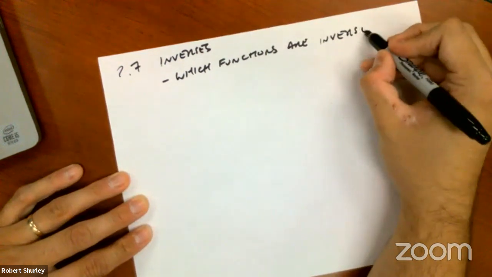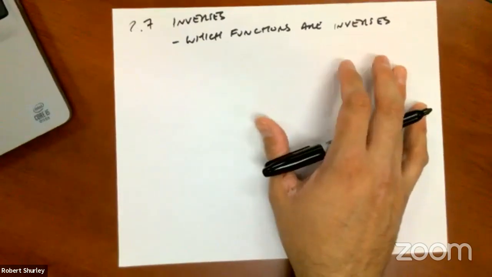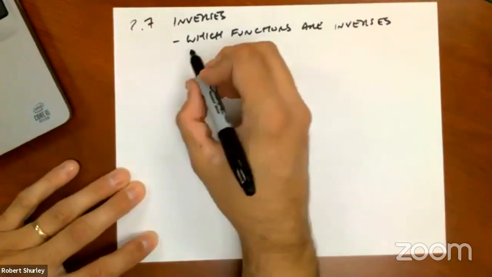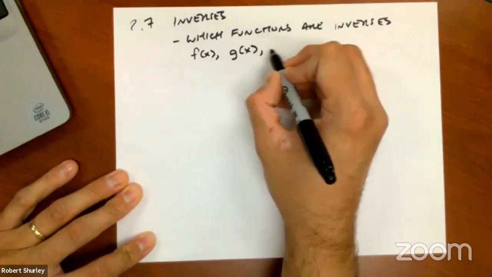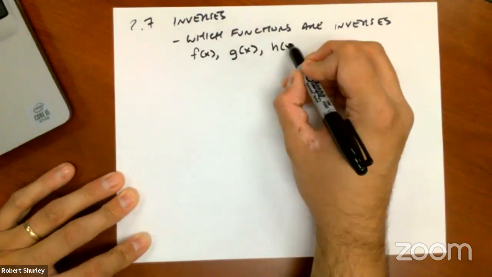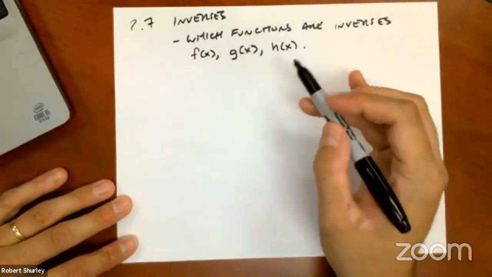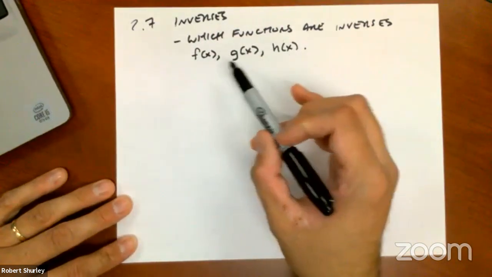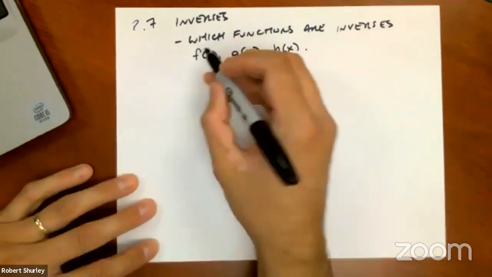I'll tell you, because the homework doesn't technically ask it like this, but I'm going to give you three functions, like f of x, g of x, and let's say h of x. And there'll be equations with them, right? But to figure out which of these are inverses, remember you take the composition.